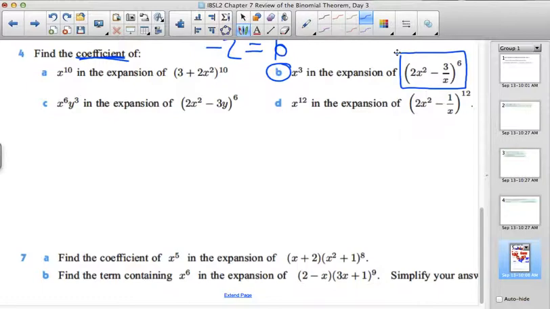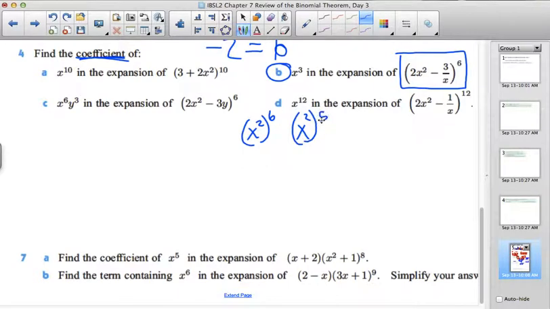So what I'm going to do at first is ignore all the coefficients, ignore even the 2 and the 3 in A and B, and I'm just going to look at the powers of x. For our first term, x squared is going to be raised to the 6th power. And then we're going to have x squared to the 5th power.